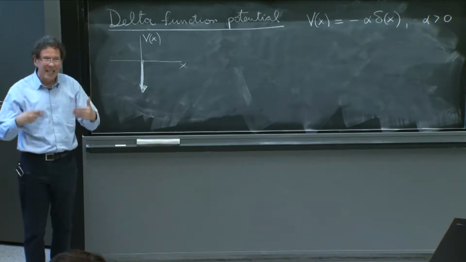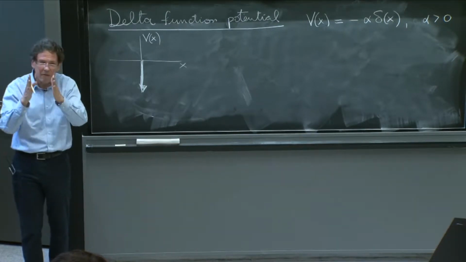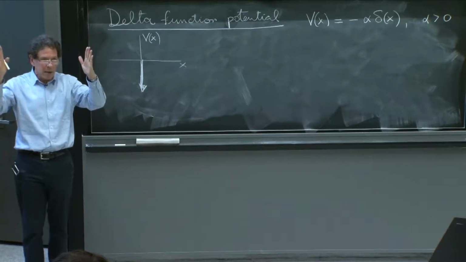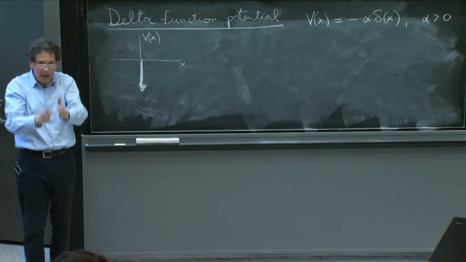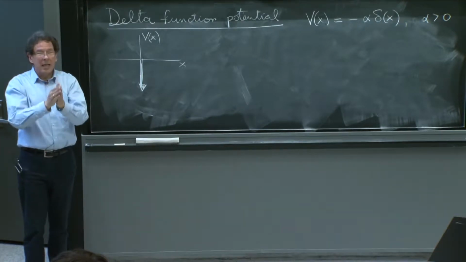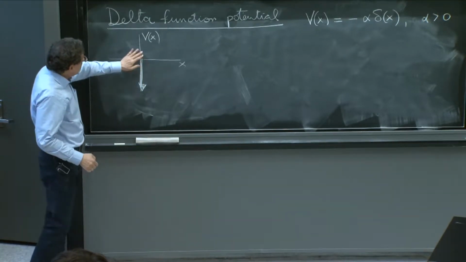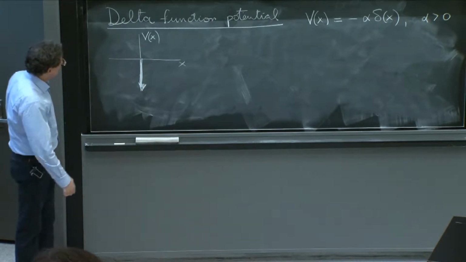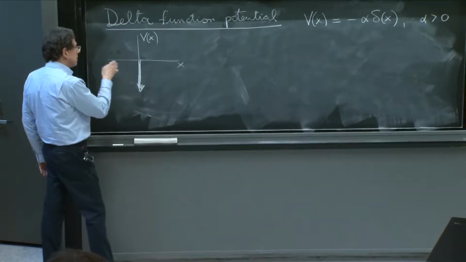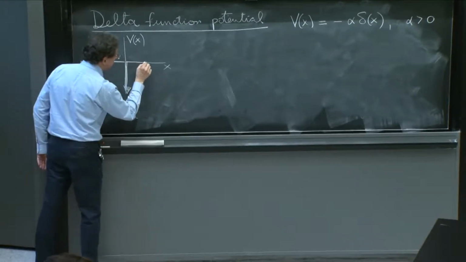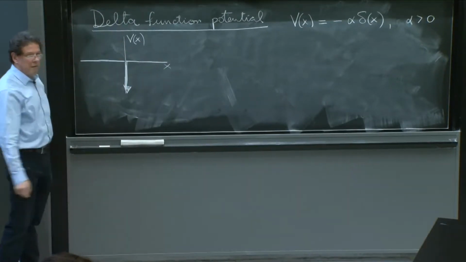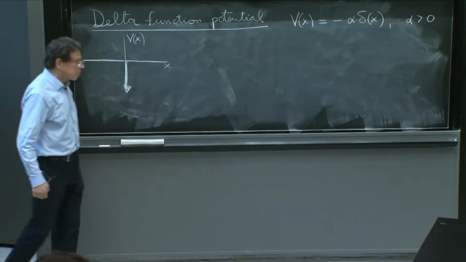You can imagine the delta function as a sequence of functions that become more and more narrow, but deeper at the same time. So the area under the curve is still the same. At any rate, a delta function potential should be understood as 0 everywhere else except at the delta function where it becomes infinite.